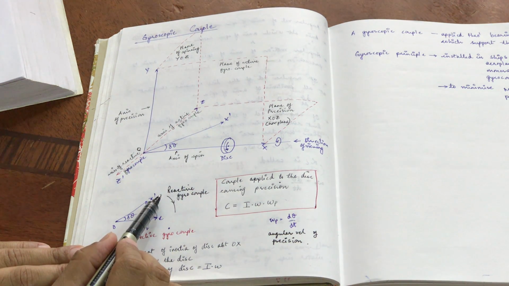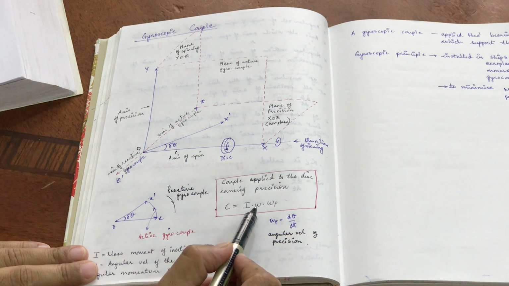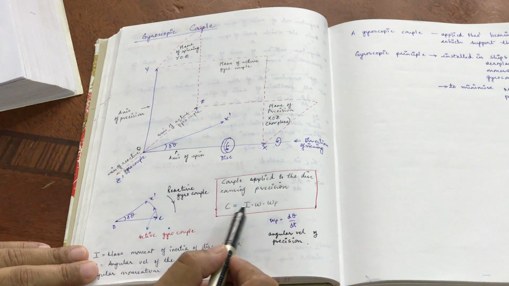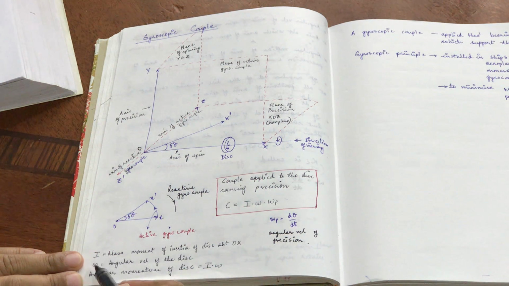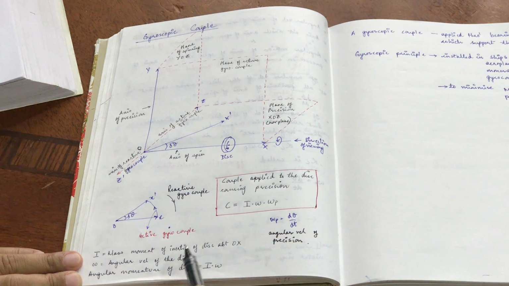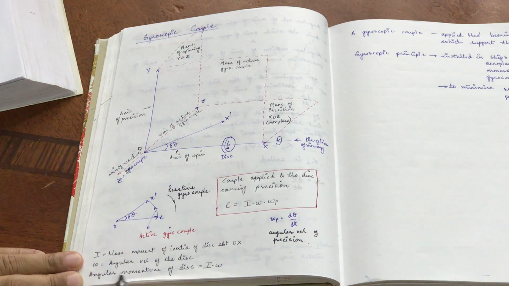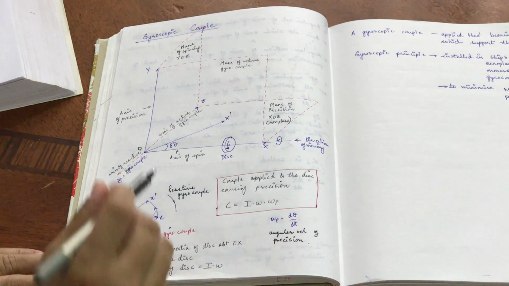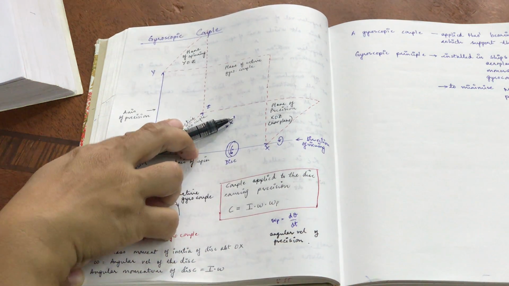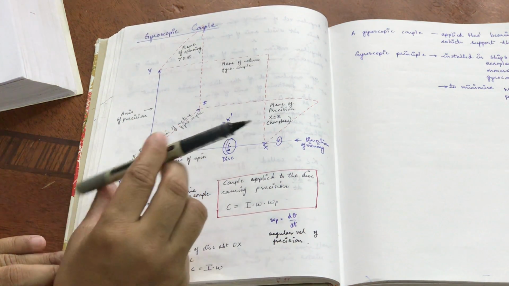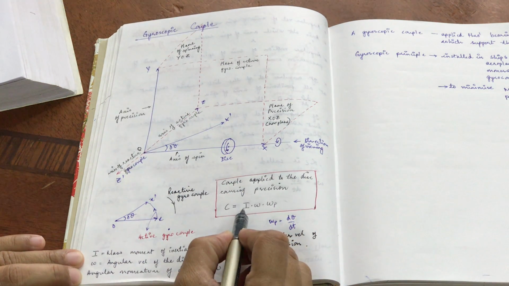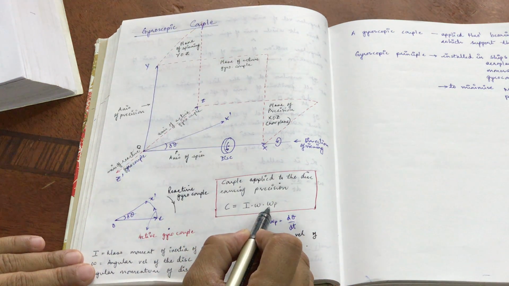This couple is I omega omega p. I is the mass moment of inertia of the disk about OX, and omega is the angular velocity. The angular momentum of the disk is I omega, and the couple created, that is x dash, is I omega omega p.